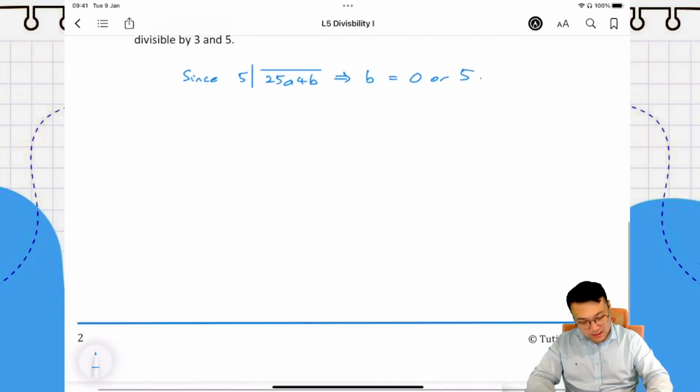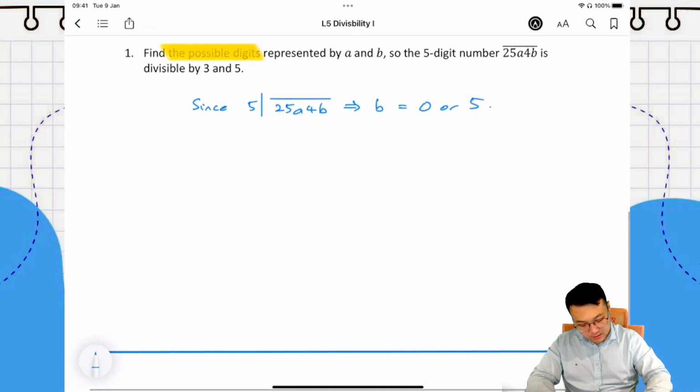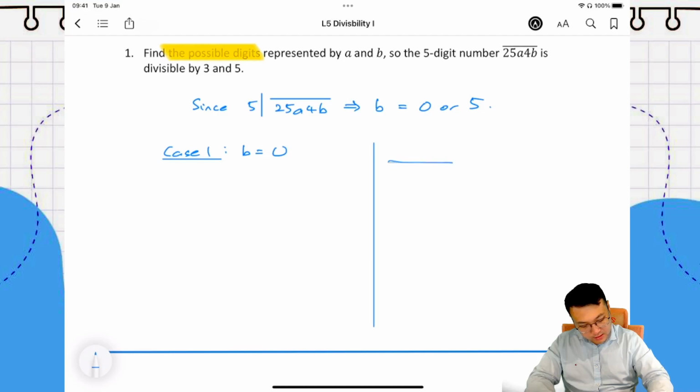So in the first case, let us consider case number 1, where B equals 0. Then we can consider case number 2, where B equals 5.